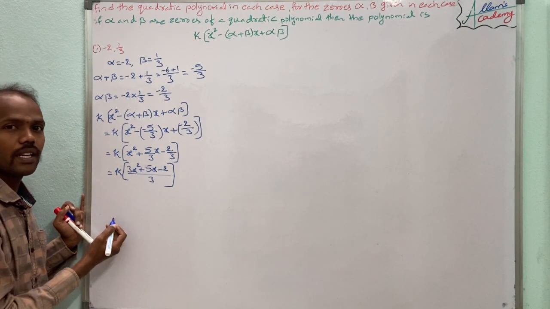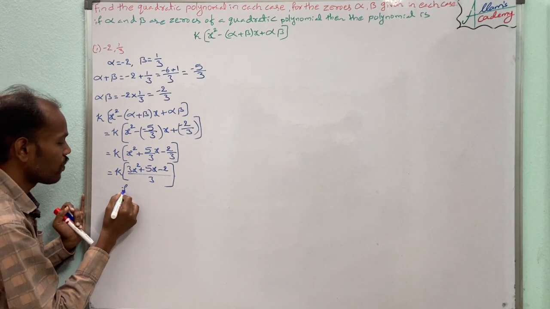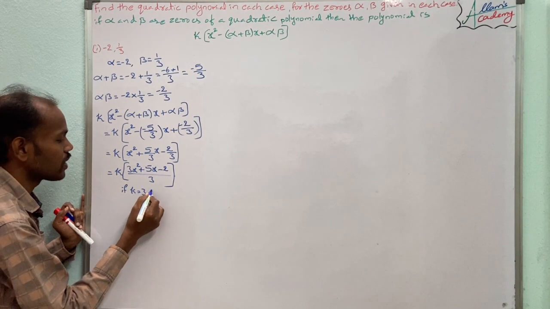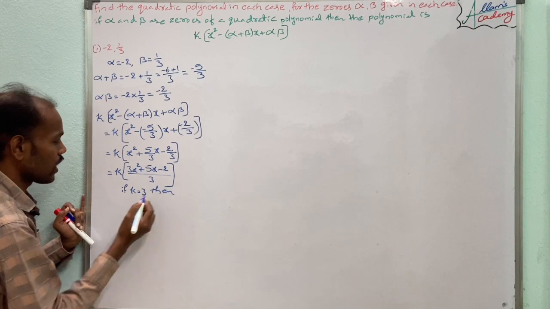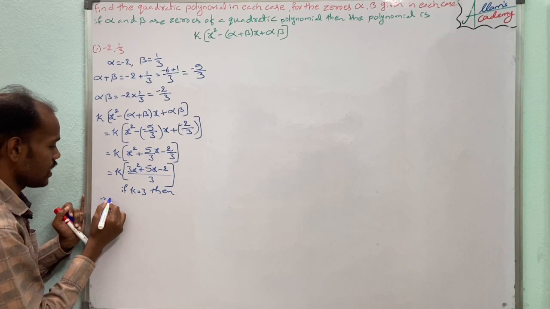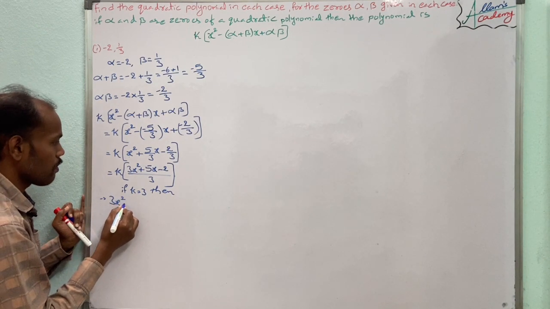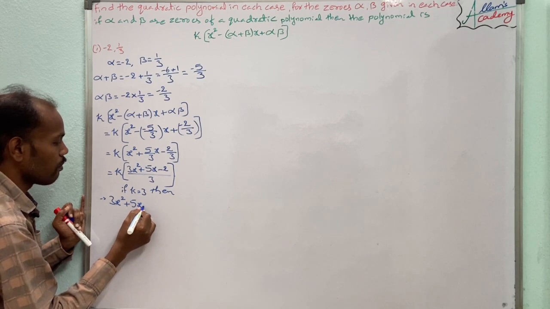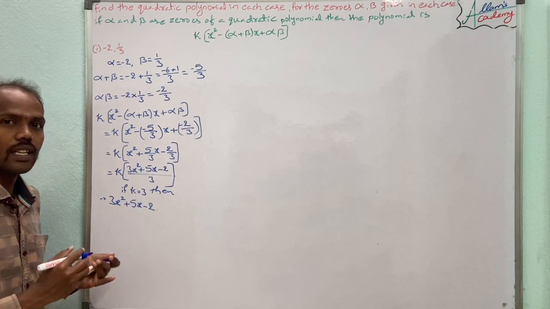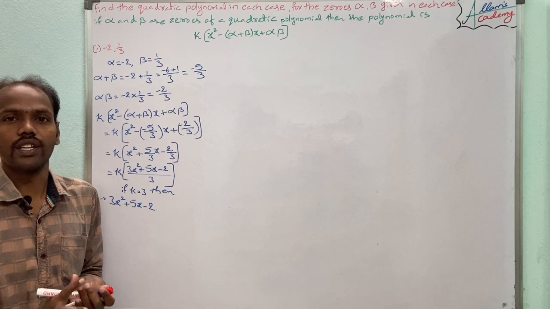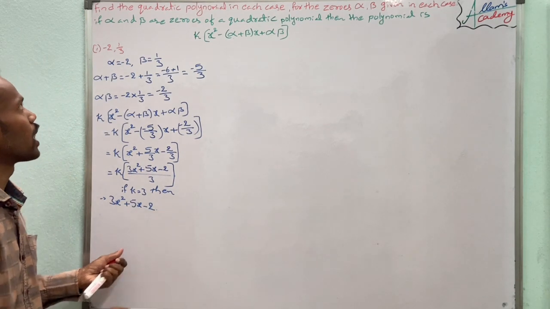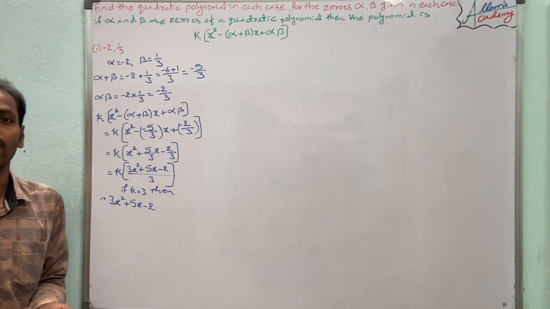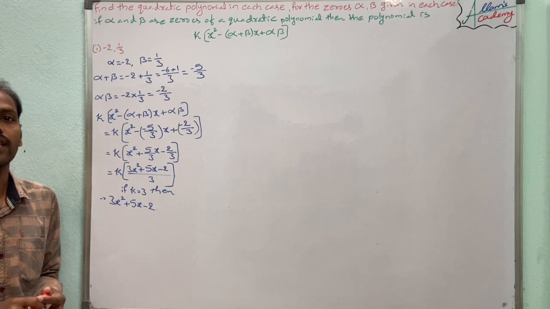Here the denominator is 3, so if we fill k equal to 3, then the quadratic polynomial is 3x² plus 5x minus 2. It is the quadratic polynomial for the zeros minus 2 and 1/3.